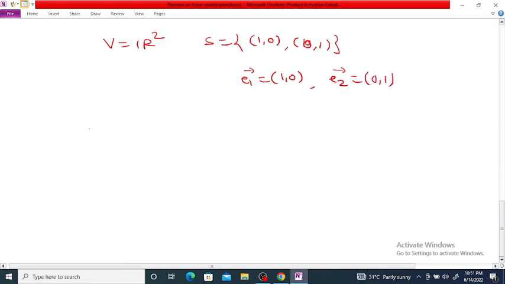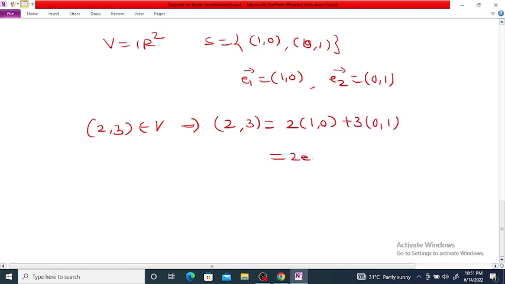Then if we take the vector (2,3) in V, this (2,3) can be expressed as 2 times (1,0) plus 3 times (0,1), that is, 2 times E1 bar plus 3 times E2 bar. So we express (2,3) as a linear combination of E1 bar and E2 bar, and this is a unique representation.